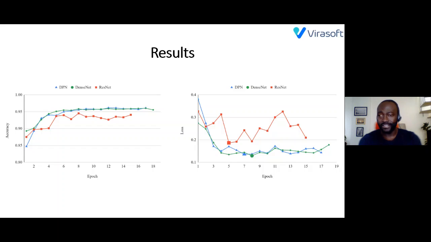It performs better, but the performance is comparable with the dual path network. We decided to go with the DenseNet because it has fewer parameters than the dual path network, meaning it's lighter, so it's easier to deploy this network actually.